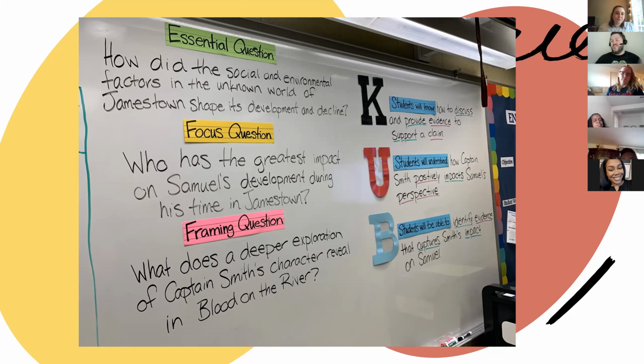And another shameless plug, many of us have already gone to this session, but the academic vocabulary session, Ms. Stefik has a great anchor chart for some of these vocabulary words like impact. You'll notice in the focusing question on her board, it says impact, and in the Understand in the CUBs, it says impact, and also in the Be Able To.